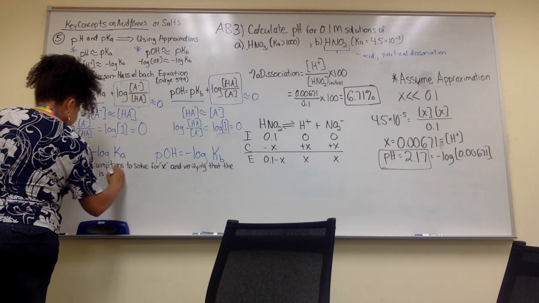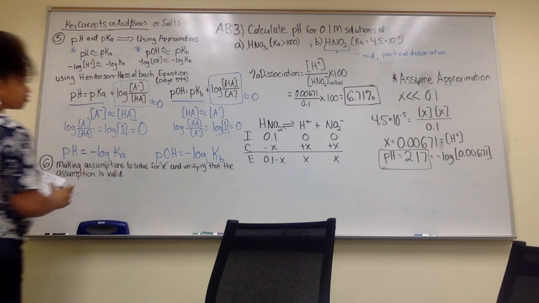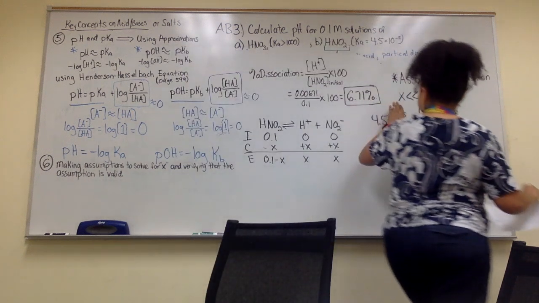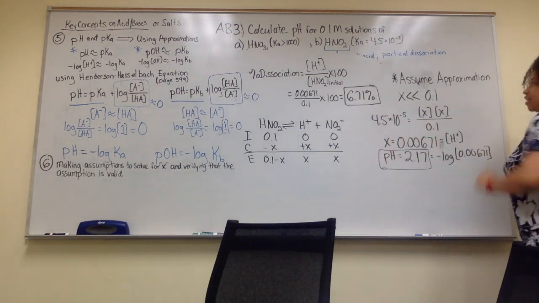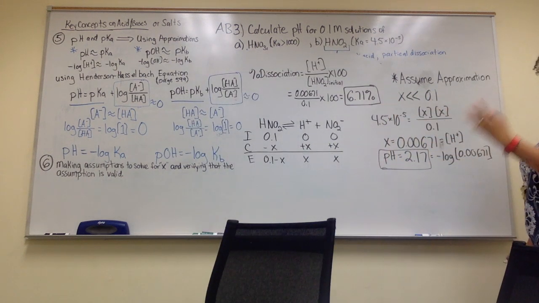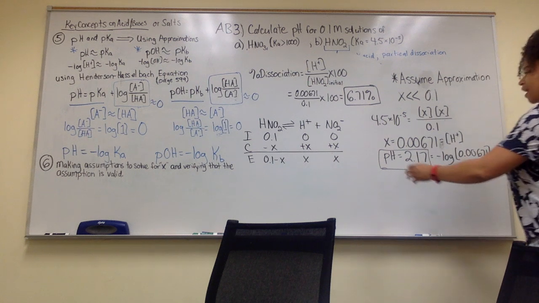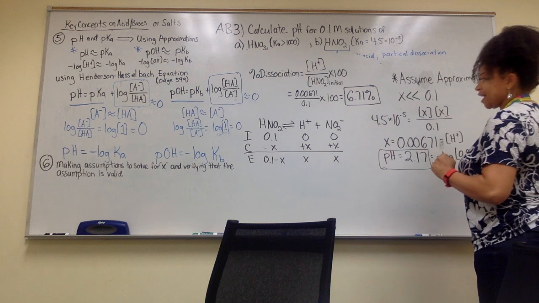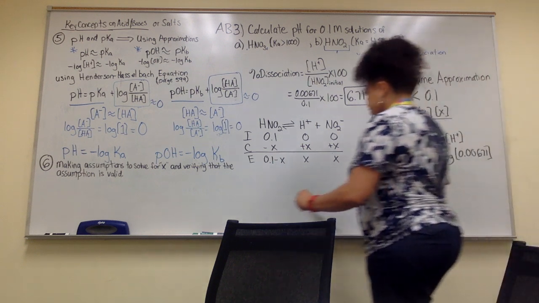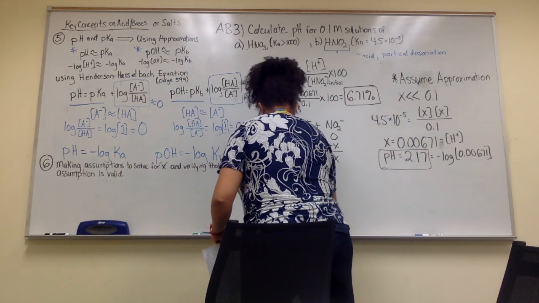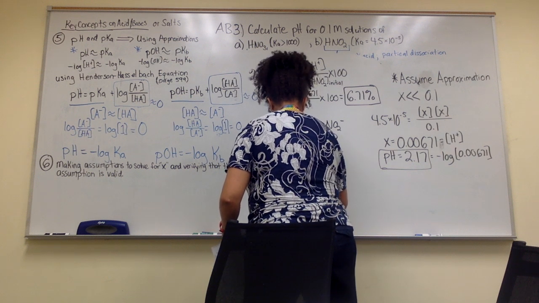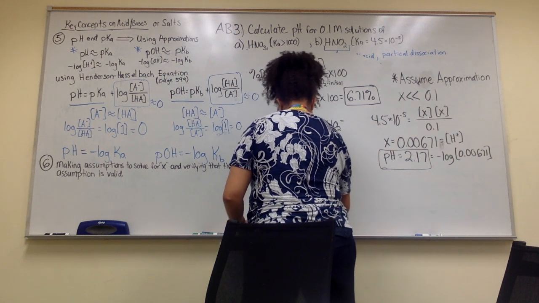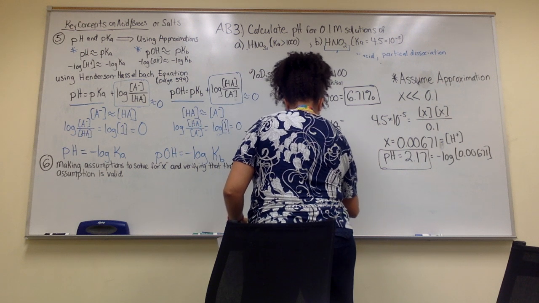is valid. Okay, because remember, we were talking about before, the book was saying that if your percent dissociation was above 5%, you couldn't make the assumption that this x was going to go away when you use this equation saying that Ka is equal to x over 0.1 minus x.